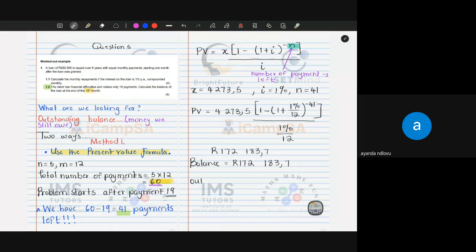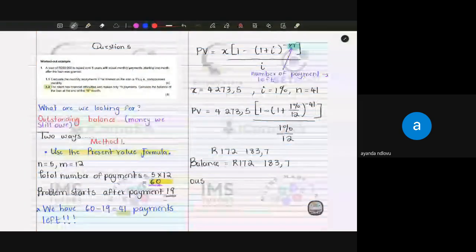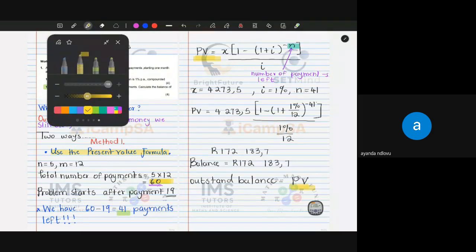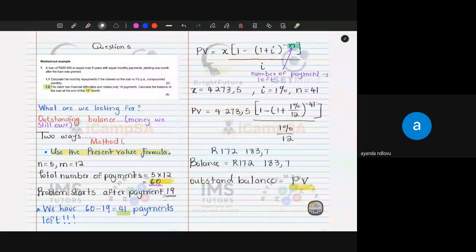Let me say outstanding balance. We used the compounding or the PV formula only. Outstanding balance, this side was as described with the PV that is here. Maybe let me make that to be pink. I hope you guys understand.